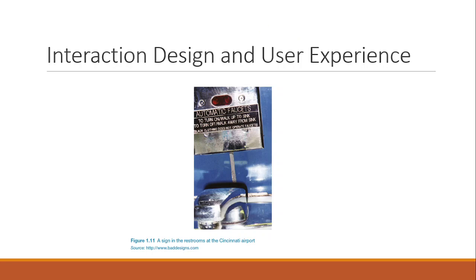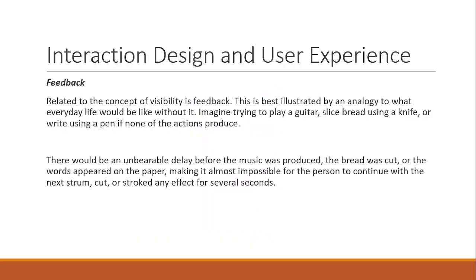Increasingly, highly visible controlling devices like knobs, buttons, and switches, which are intuitive to use, have been replaced by invisible and ambiguous activating zones where people have to guess where to move their hands, bodies, or feet on, into, and in front of, to make them work. So that is for visibility.